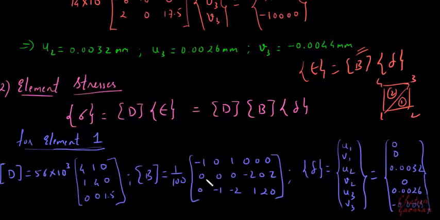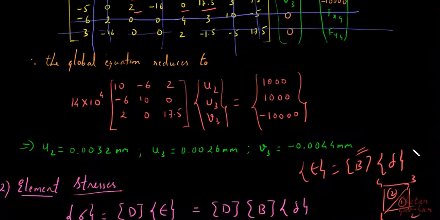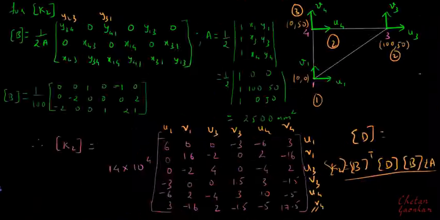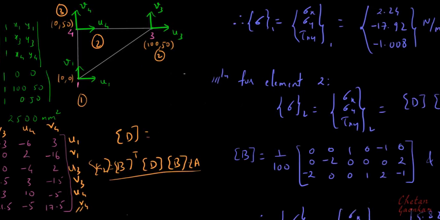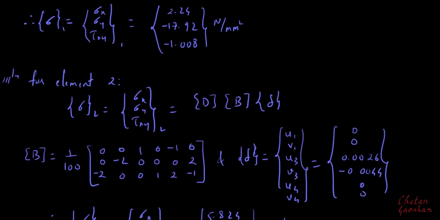Once we multiply all these terms, I should get sigma as sigma x, sigma y, tau xy, that is the normal stress in the x direction, the normal stress in the y direction, and the shear stress for element 1, with node numbers 1, 2 and 3.